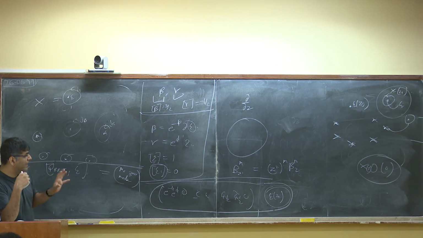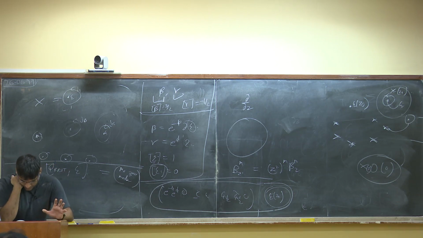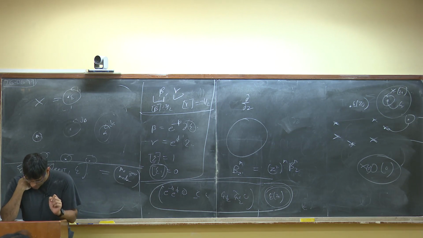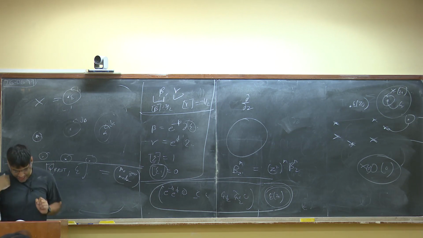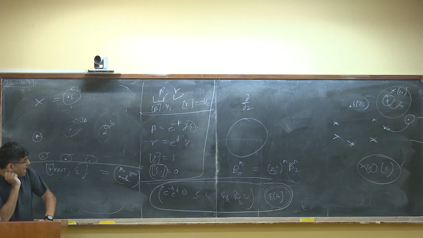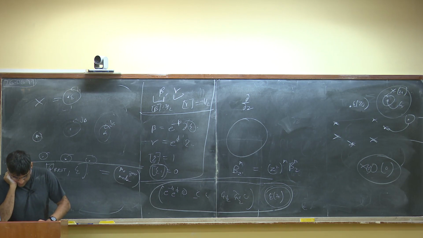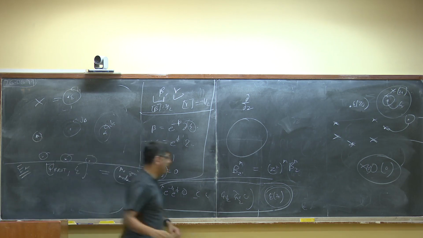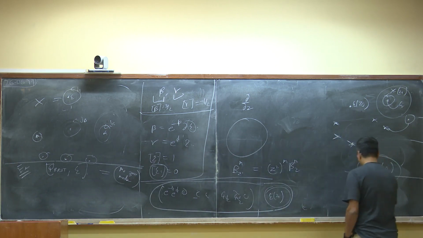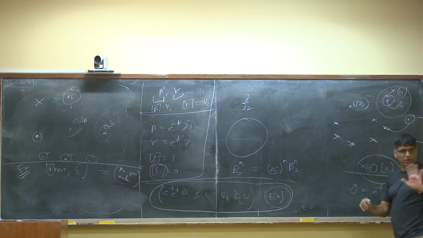Now this O here is built totally out of matter fields. As we've seen before, this O was e to the power minus phi, and let's just work on the holomorphic side.